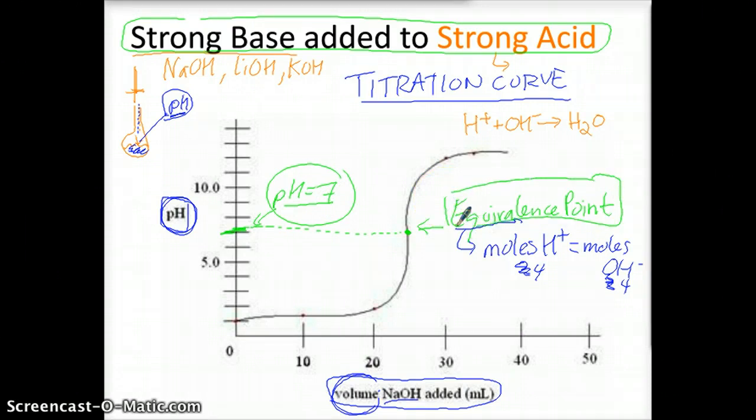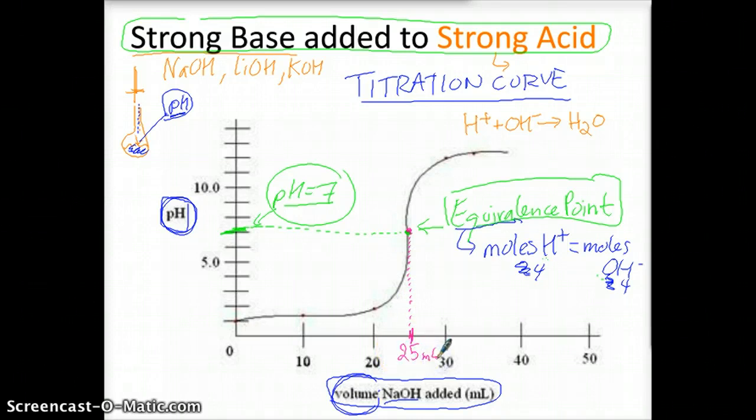The other main thing you need to know is the definition of an equivalence point: that's when the moles of H plus equal the moles of OH minus. How could we figure out the moles of H plus? Well, if you look at the equivalence point and drop down, we get the volume of OH. In this case, it looks like about 25 milliliters.